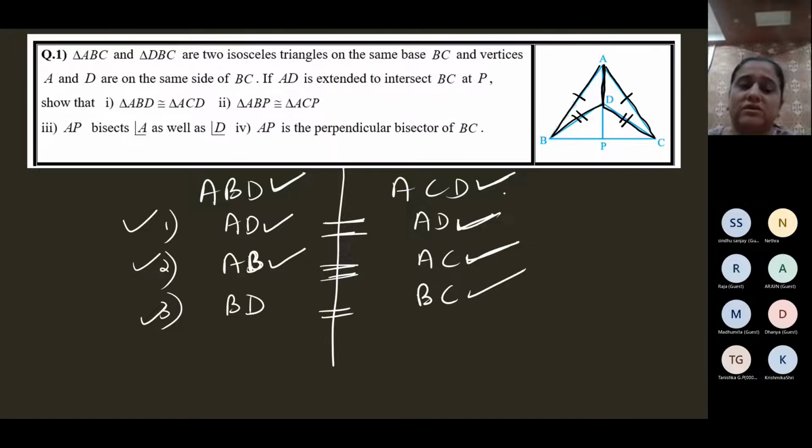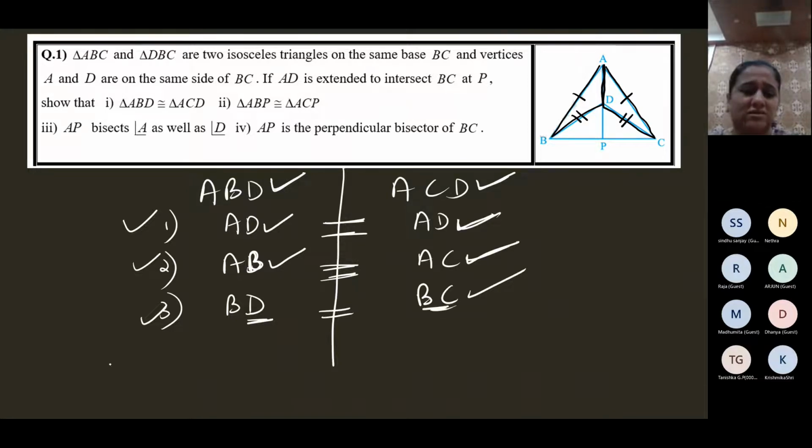Why? Because it is the common side. Similarly, BD of triangle ADB is equal to BC of triangle ACD.